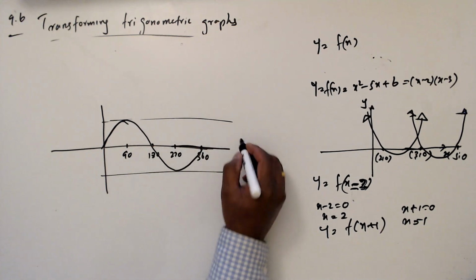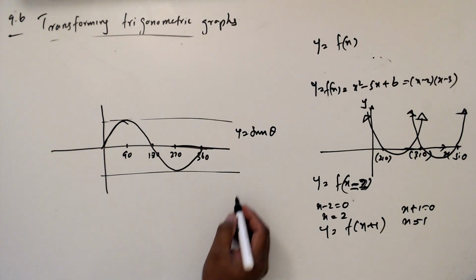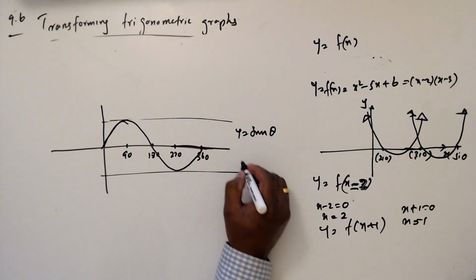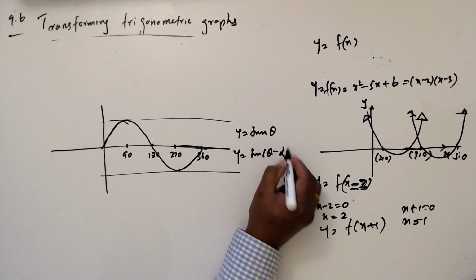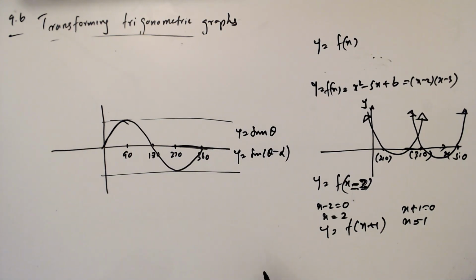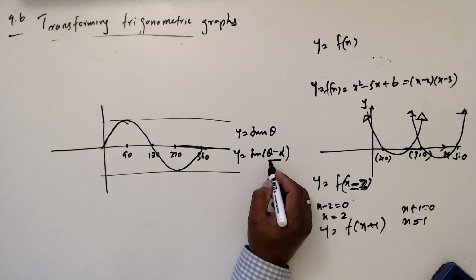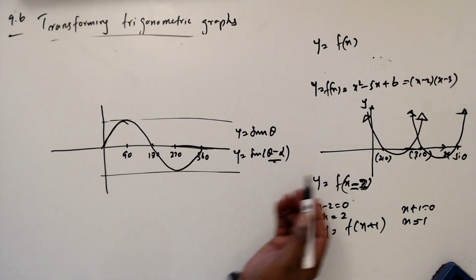In the same way, this graph is y equals sine theta. Now y equals sine of (theta minus alpha). How do you do this one? What is the command given? Every x value of the coordinates has to be shifted by alpha.